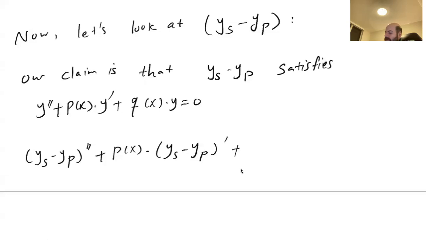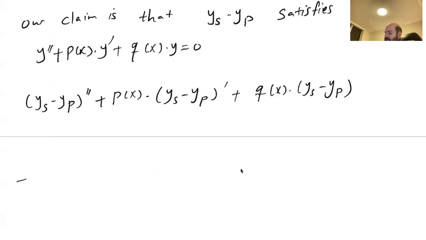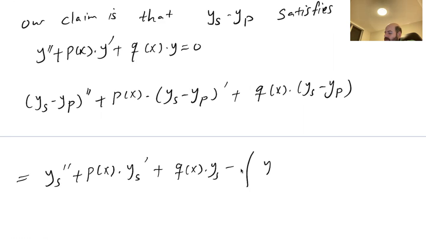Why? Because ys minus yp double prime plus p of x times ys minus yp prime plus q of x times ys minus yp can be written as ys double prime plus p of x times ys prime plus q of x times ys, minus yp double prime plus p of x times yp prime plus q of x times yp.